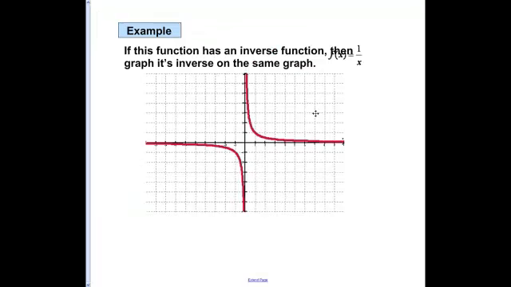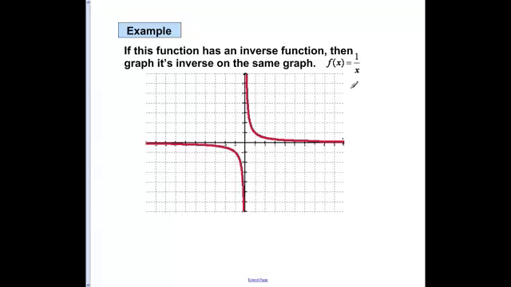If this function has an inverse function, then the graph of its inverse function is on the same graph. So let's take a look here and see. This is kind of tricky, but I do want to go through the math.